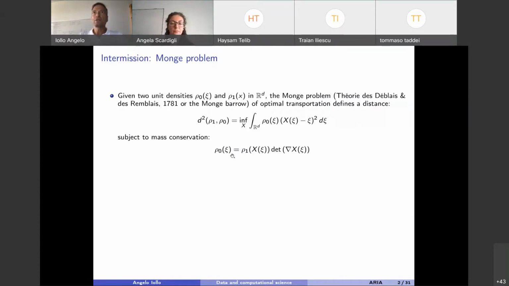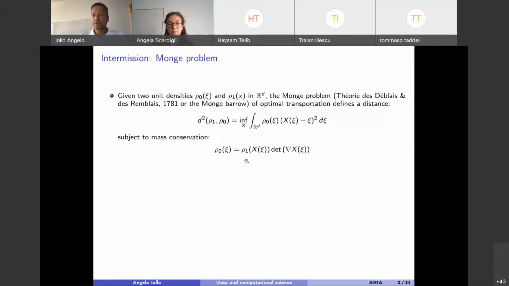If we look into the solution with continuity, meaning that you have a rho 0, a probability density function, which is exactly mapped into a probability function rho 1, then this minimum has a unique solution, which is the gradient of a potential.